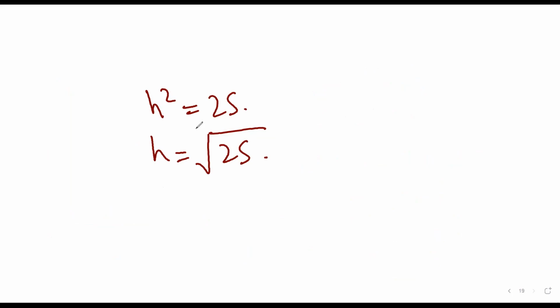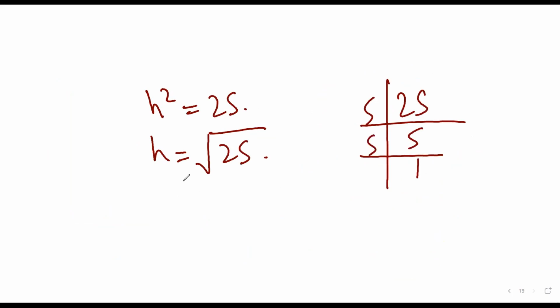And how do we find the square root of 25, Mr. Sarthak? So we'll take out the prime factors of 25. It will be 5, 5. So the square root will be 5. So H is equal to 5 into 5, and the answer would be 5.